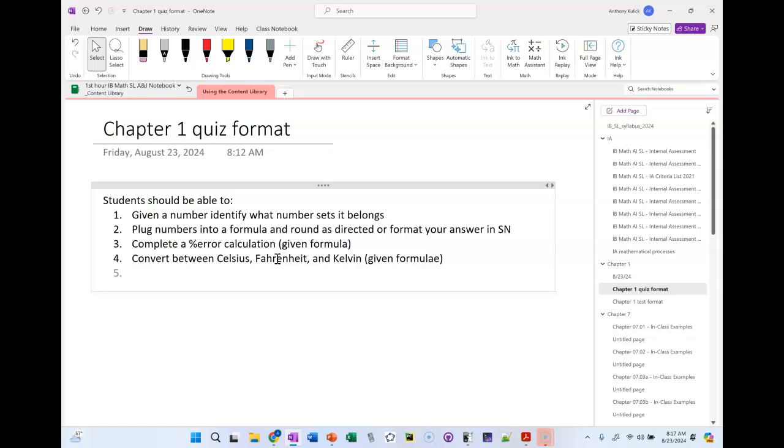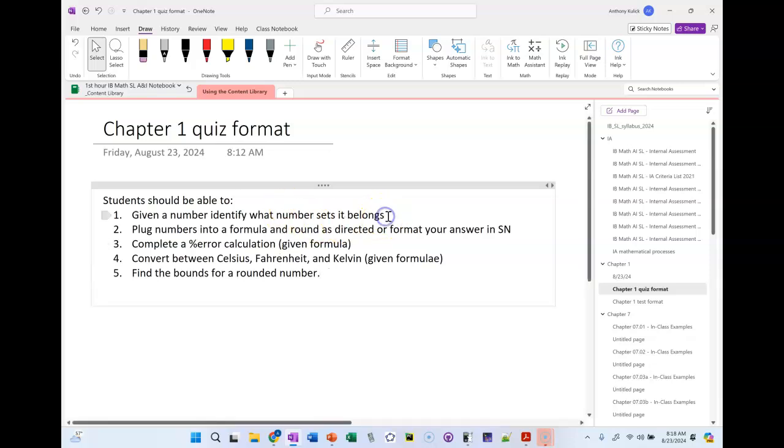Okay, you'll have to convert from Celsius to Fahrenheit to Kelvins, but you'll be given the formulas there. You'll be asked to find the bounds for a rounded number. You know what I mean there? Like the homework problem that Maya asked about.